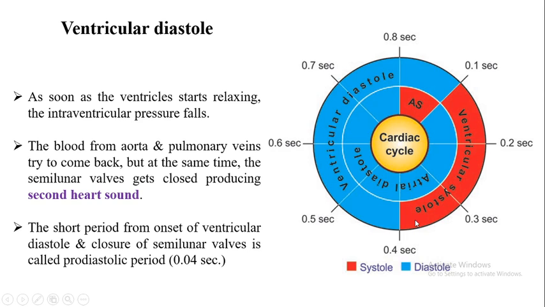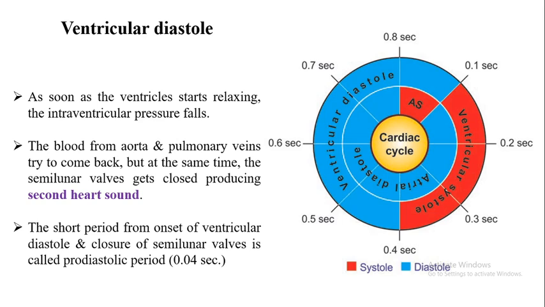This is the time period where both the chambers, auricles and ventricles, are in relaxation phase for a complete period of 0.4 second. This period is called diastole of the whole heart.